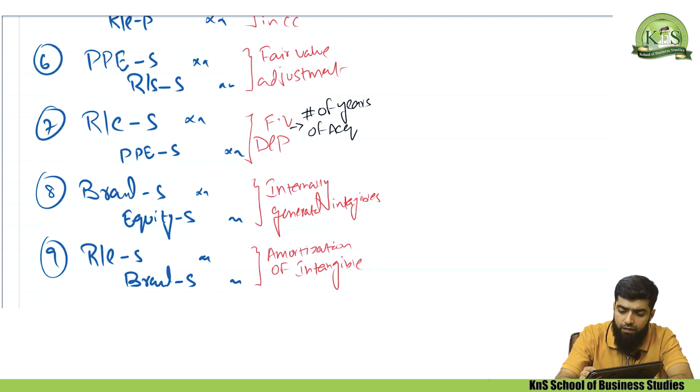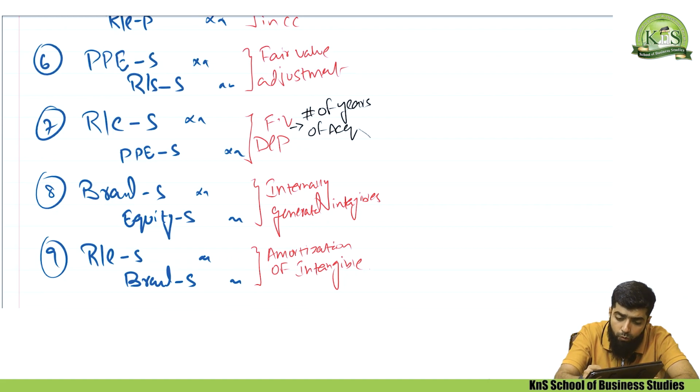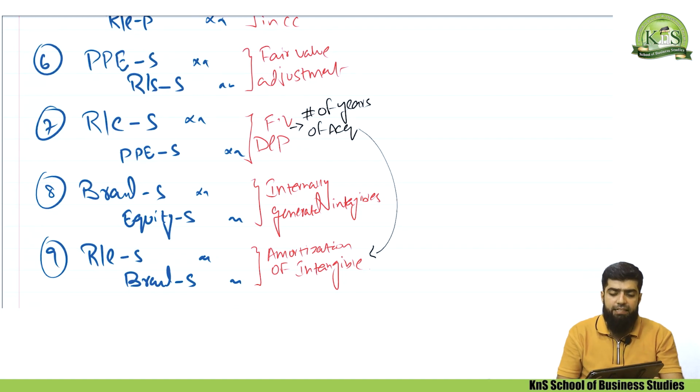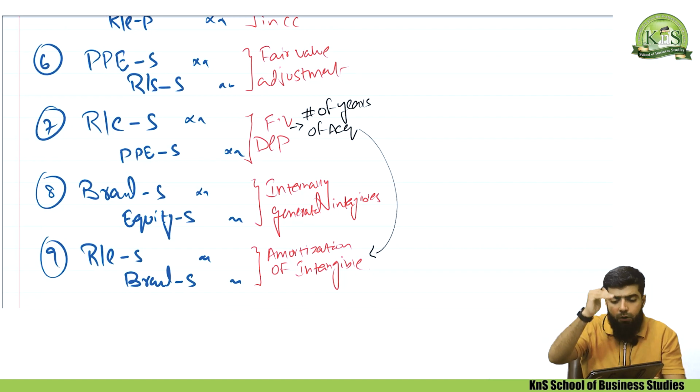For example, if the subsidiary was acquired 2 years ago, it means we need to adjust the depreciation for the period of 3 years or 4 years, as the case may be. Same goes with the amortization of intangible asset. If the subsidiary was acquired 2 or 3 years ago, we need to account for the amortization for those particular years.